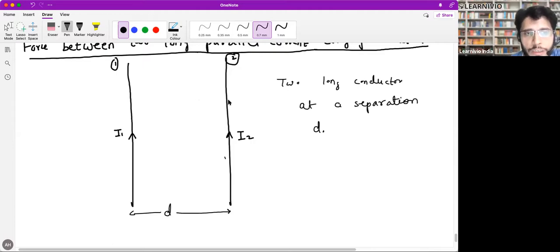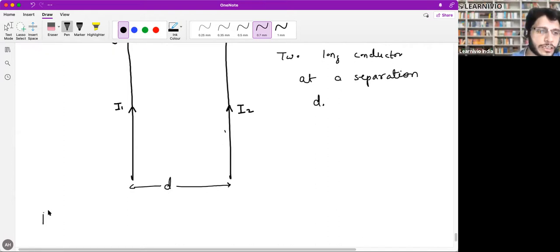Now let's calculate the force on conductor 2. I'm interested in calculating force on conductor 2. So Amalia, which conductor will generate the magnetic field? I need force on conductor 2.